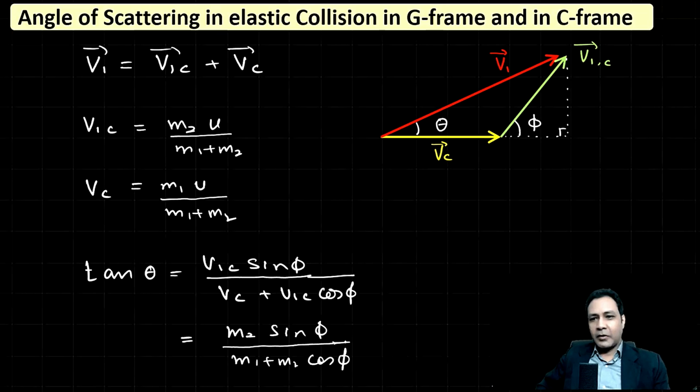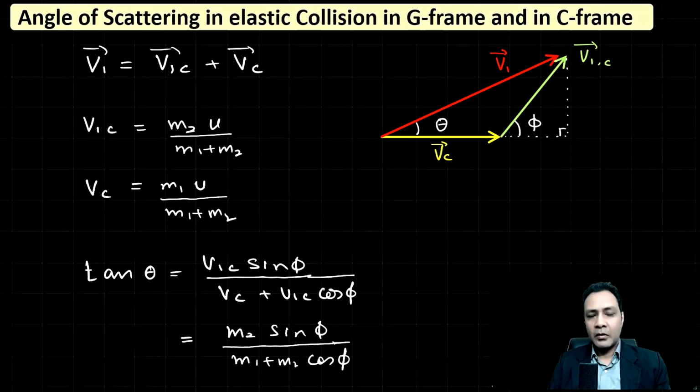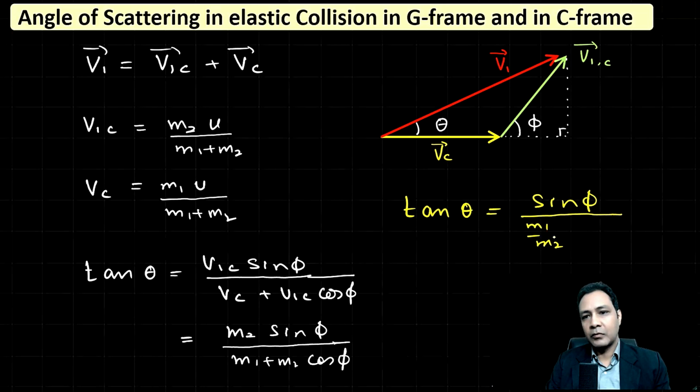And this result will become even simpler and better if I divide the numerator and denominator by m2. So finally my expression will become tan theta equals sine phi divided by m1 by m2 plus cos phi.